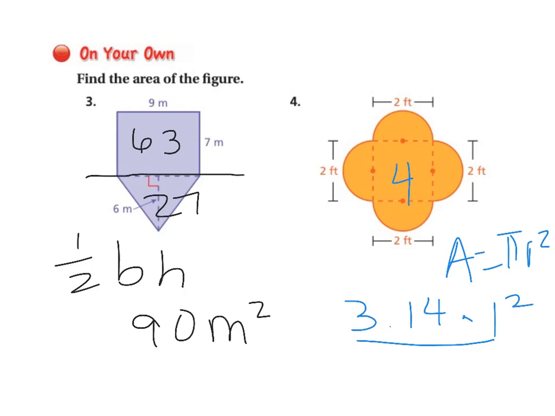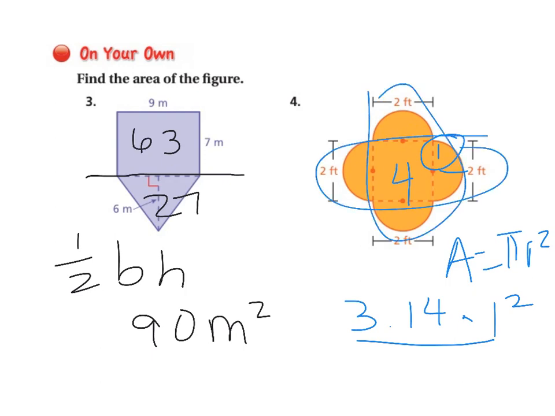So we really just need to remember that our radius is half of the diameter, and they're giving us the diameter of the circle. So the radius is 1, not 2 feet. So 3.14 times 1 squared, 1 times 1 is 1, so the area is 3.14, and that's the area of one circle, but we have 2 of those. So we have a circle here, and we have a circle here.